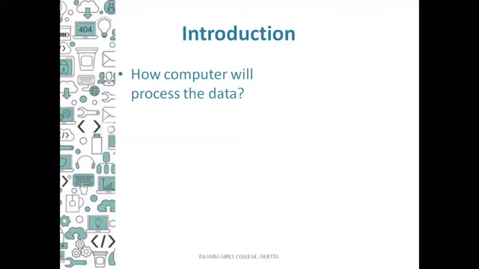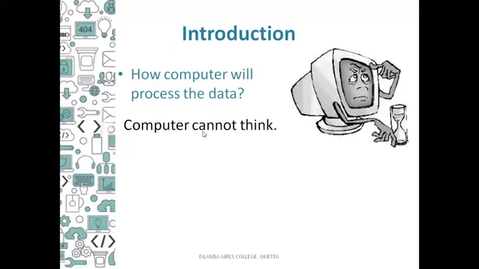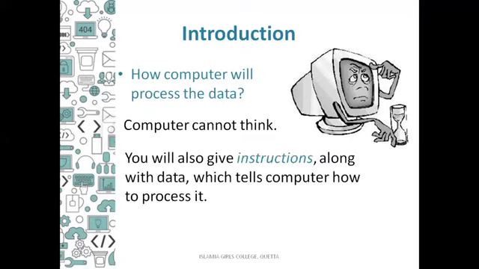Who will tell the computer to apply these operations? You know that a computer cannot think. A computer is a machine. This means that you will also have to give instructions along with the data. And these instructions will tell the computer how this data should be processed.